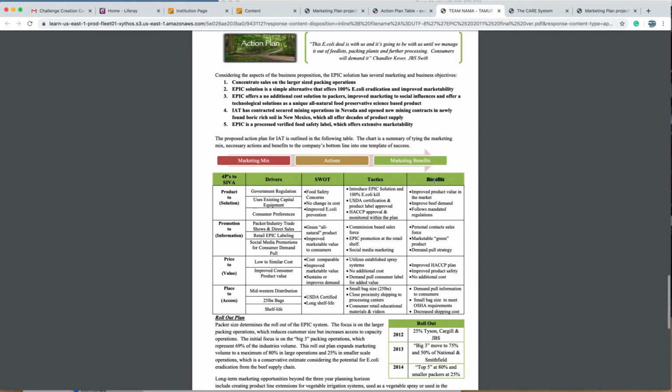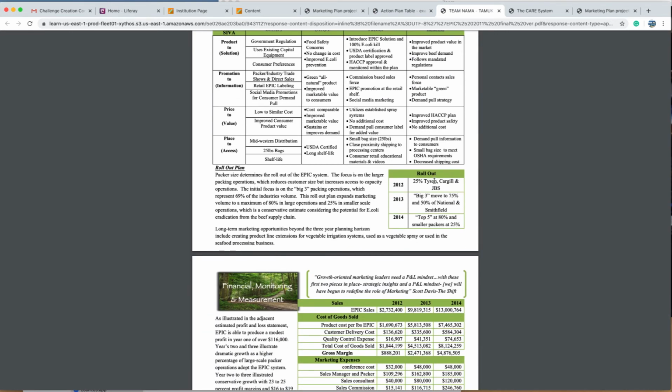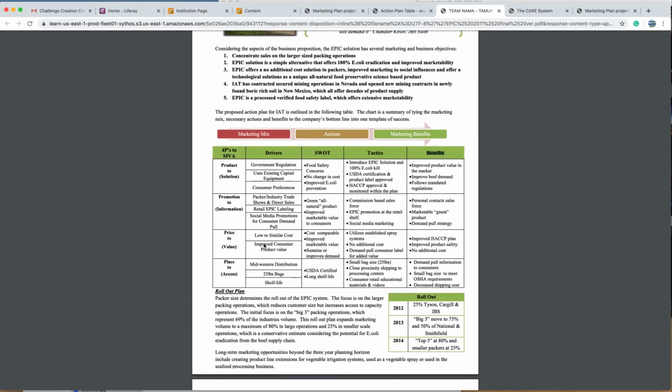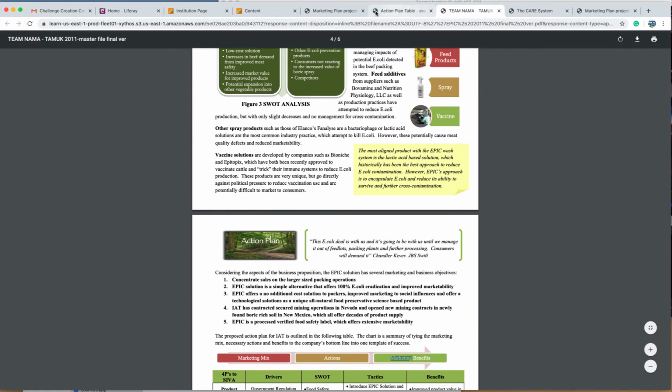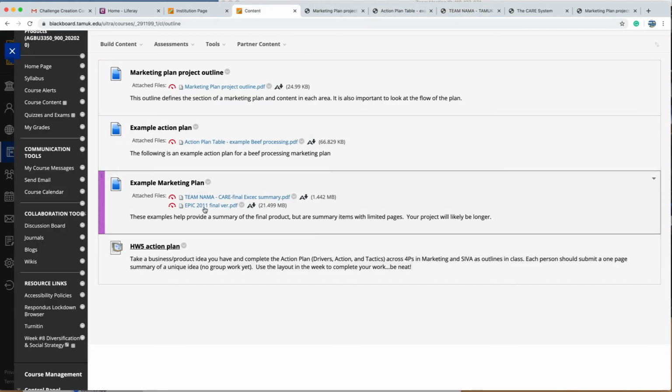What are the benefits? It gives you an example of where you're headed, but it also shows you what I'm looking for right here: marketing mix, actions, and then the benefits. This is an example table just to show you what it might look like when you're done with yours. Now your product will be different, so these are two examples that you can take a look at.